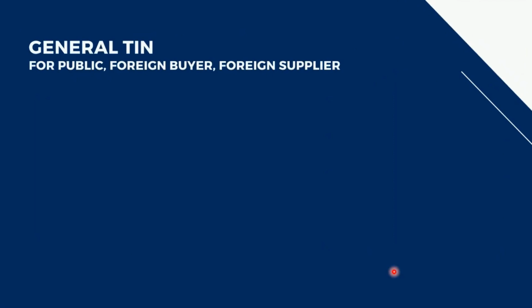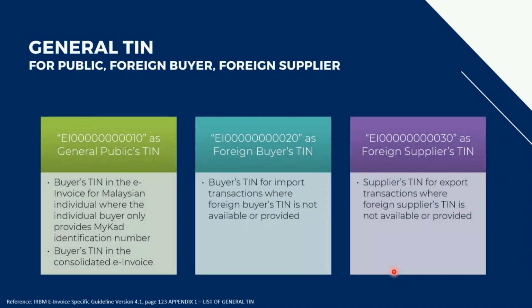Basically there will be the general TIN, which is used for public, foreign buyers, and also foreign suppliers. It starts with EI, then 9 zeros, and ends with 10, 20, and 30. We now have another one for 40, if not mistaken.